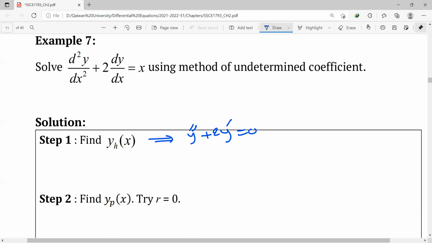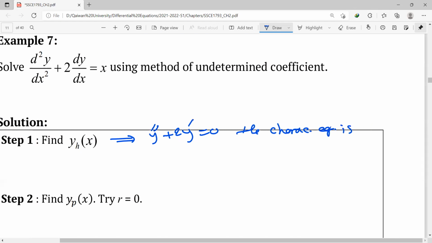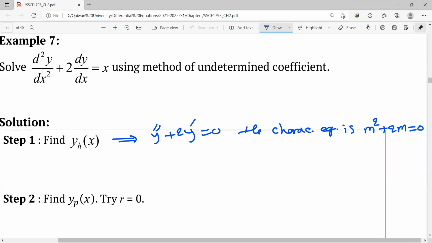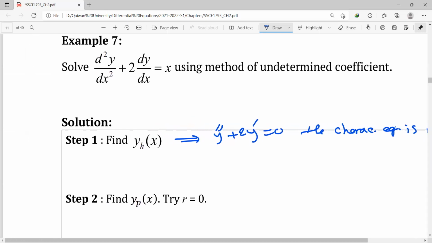So what's the characteristic equation? The characteristic equation is m squared plus 2m equals 0. Now let's solve the characteristic equation. We take m as the common, so what's left? m plus 2 equals 0.